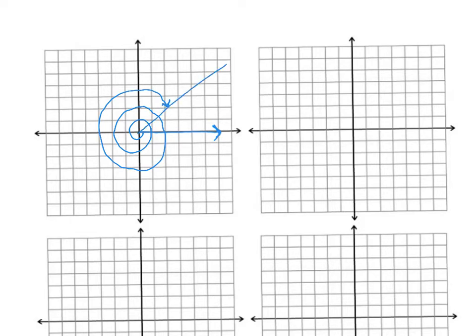We know this is negative, and we'll just assume this is, we'll say 1,000. This is a negative 1,000 degree angle. Remember, we know it's negative because it is spinning clockwise.